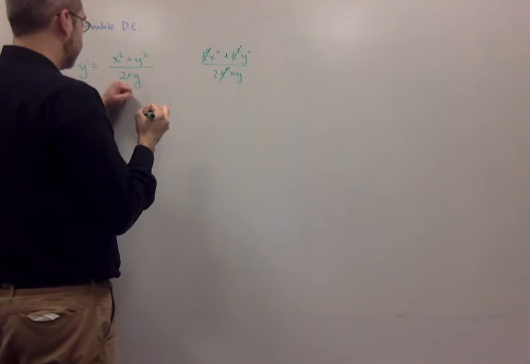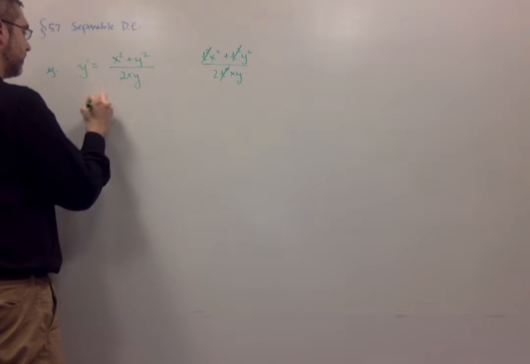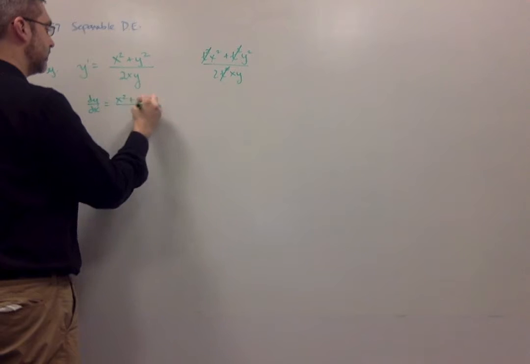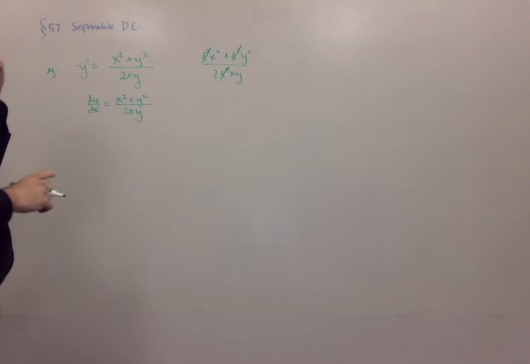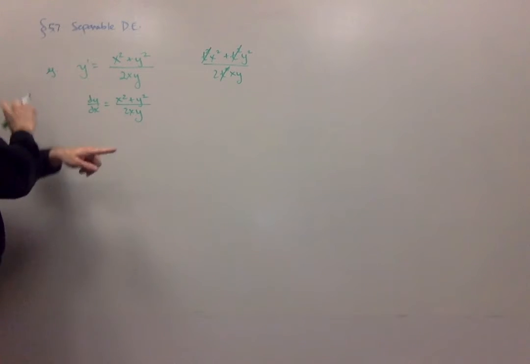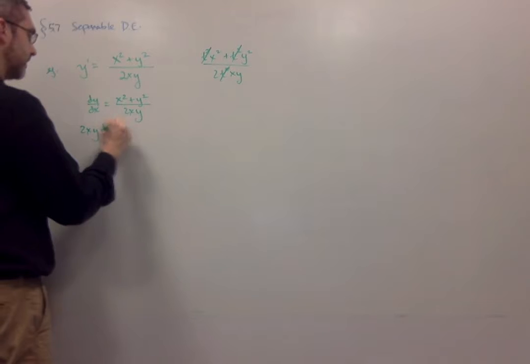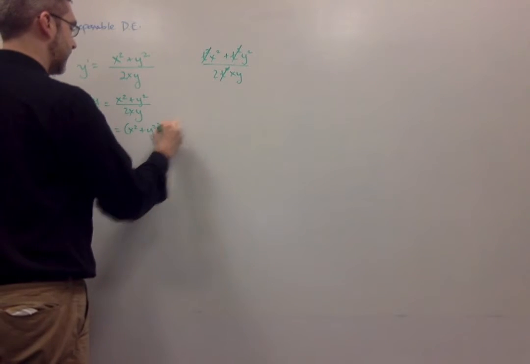So this will work, and what we're going to do is we're going to let y over x. Well, let's write it with dy and dx first here. So dy over dx is x squared plus y squared over 2xy. And let's cross multiply here. So 2xy dy is x squared plus y squared dx.